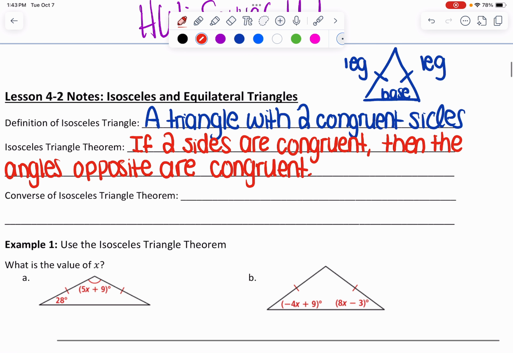In other words, if this side and that side are congruent, then you have this angle and this angle being congruent. These are also what are referred to as the base angles.